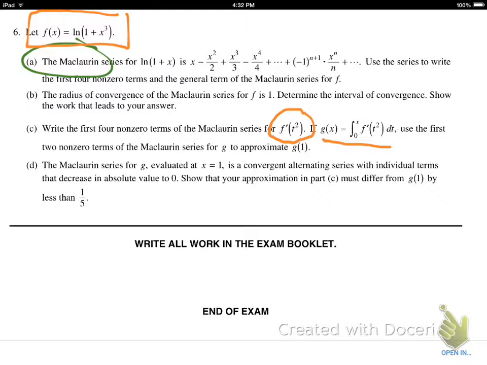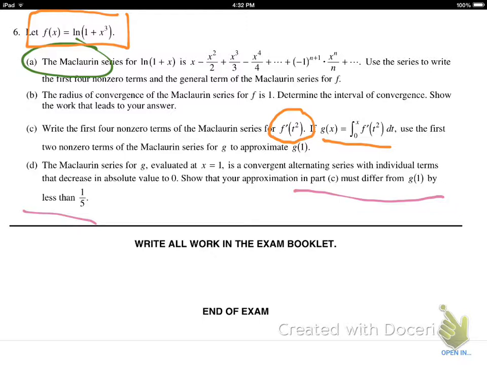So now for the question: show that your approximation in part C must differ from g of 1 by less than 1/5. What does that mean? Well, g of 1 is the actual value. My approximation is just that, an approximation.